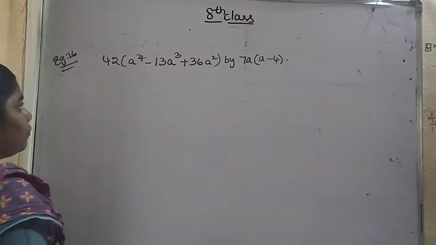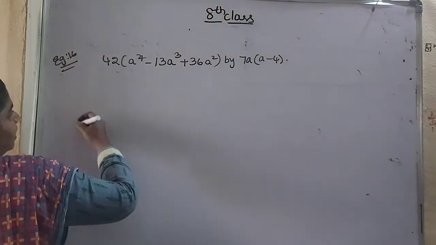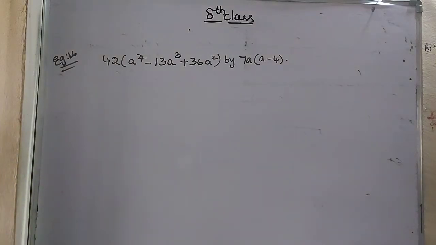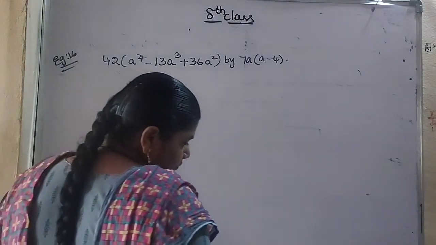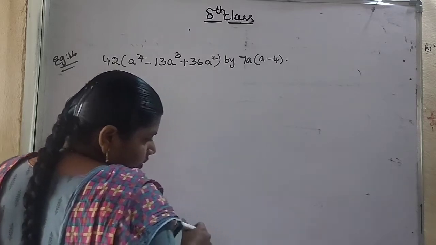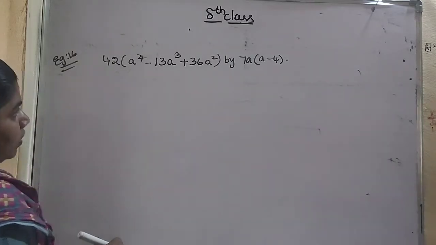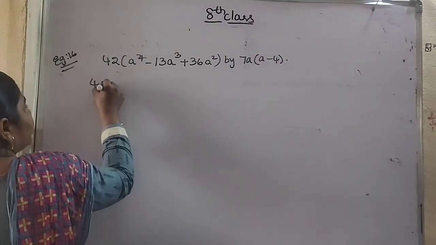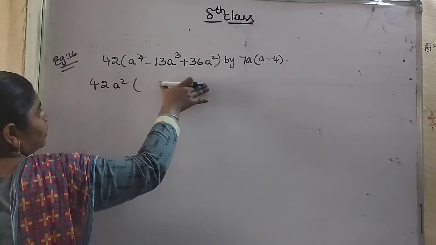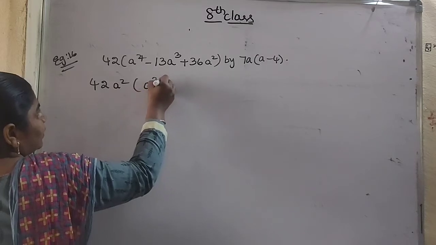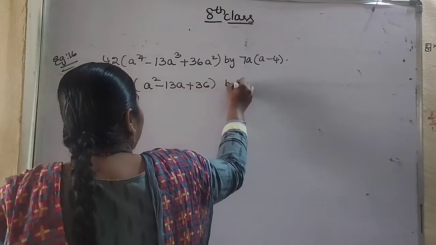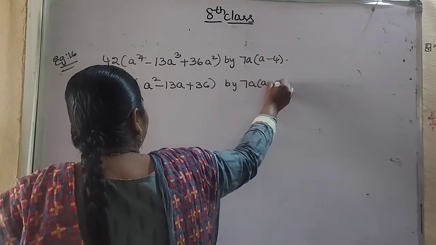So this one we have to factorize. If you see this, we can take a square as common, that is 42 a square. The remaining terms we write in the bracket, that is a square minus 13a plus 36, by 7a into a minus 4.